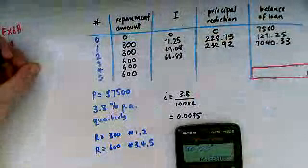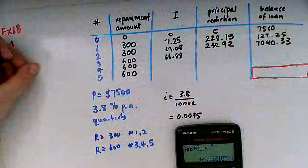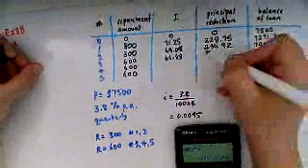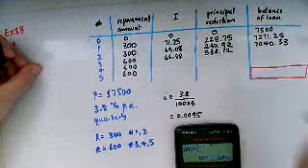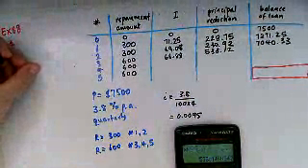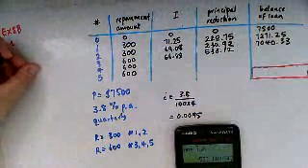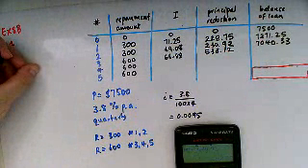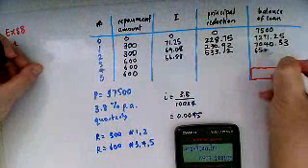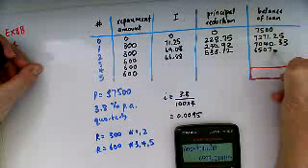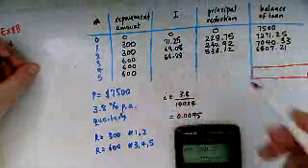This time we're taking it away from 600 and we're going to get 533.12, and then we need to take that away from this balance here, which gives us 6,507.21.